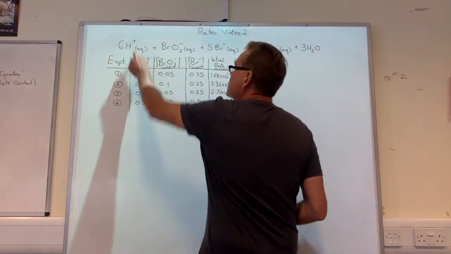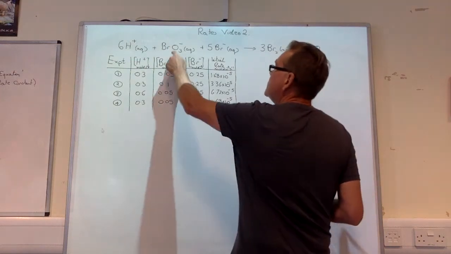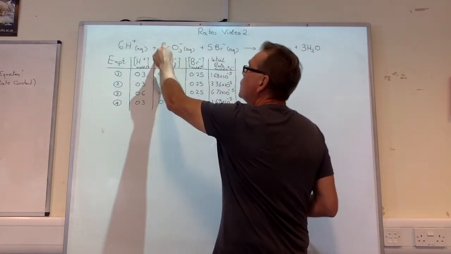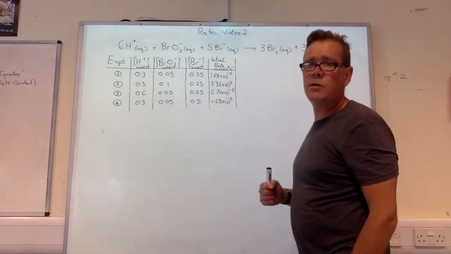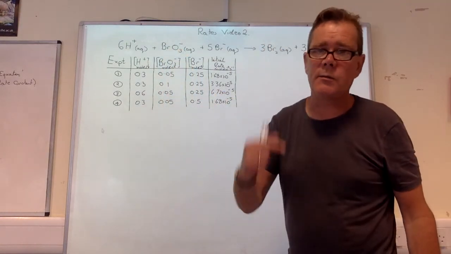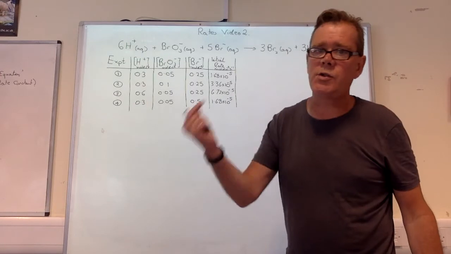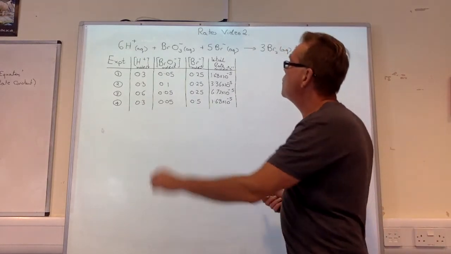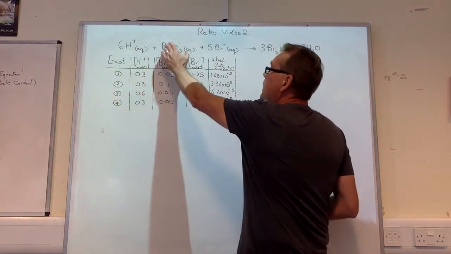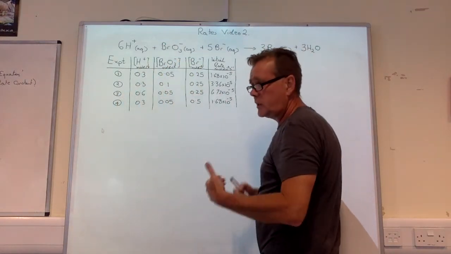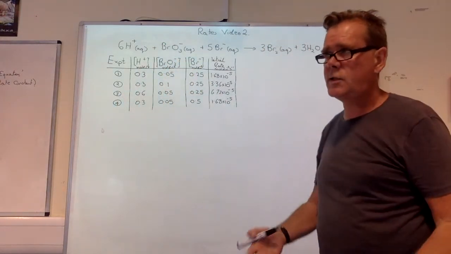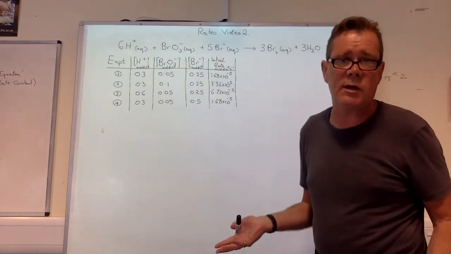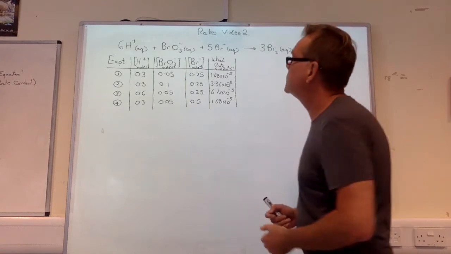So an acid is reacted with, now this is bromate, where the bromine occupies a positive oxidation state, and that should mean something, because if your halogens join to an oxygen, they can exhibit positive oxidation states. Now it's got a minus charge in it, so it'll be sodium bromate or potassium bromate in the bottle, but it is only the bromate ions that we're interested in, not the sodium or the potassium.